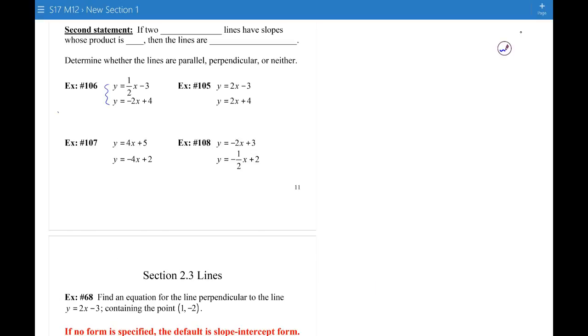So in this problem, your first slope is 1/2. Your second slope is negative 2. If you do the product of 1/2 and negative 2, you get negative 1. So these lines are perpendicular. Now let's do the rest of these in class together.